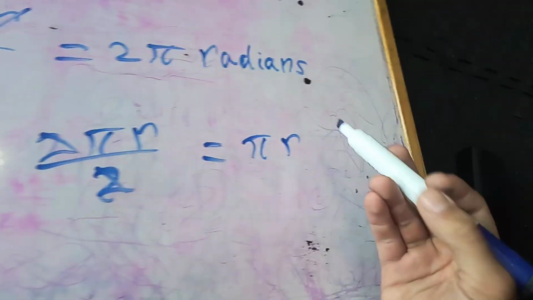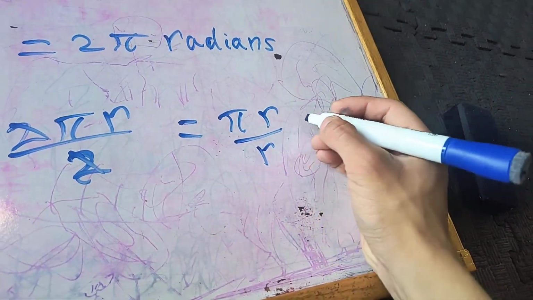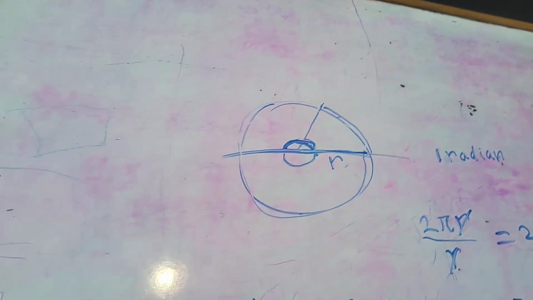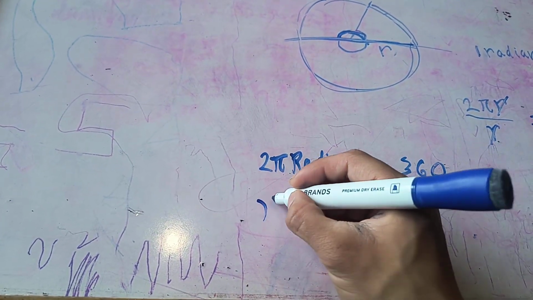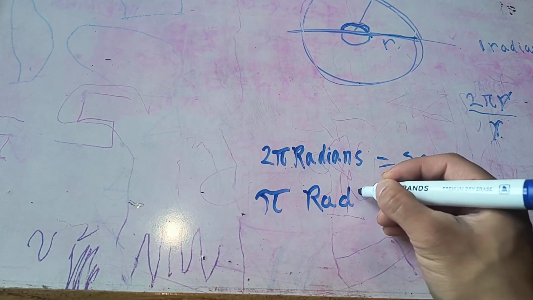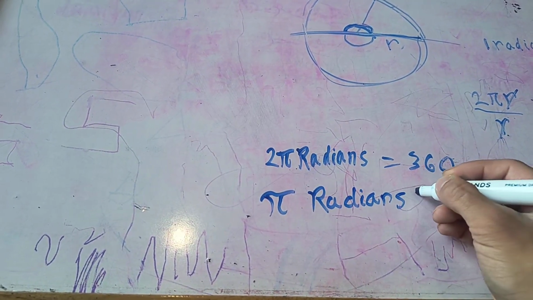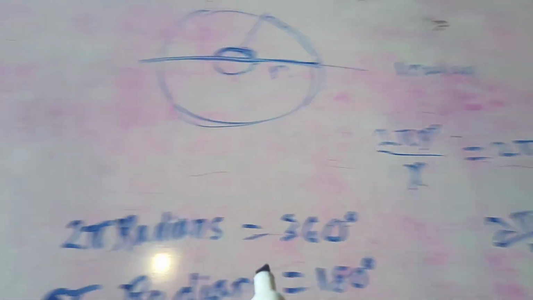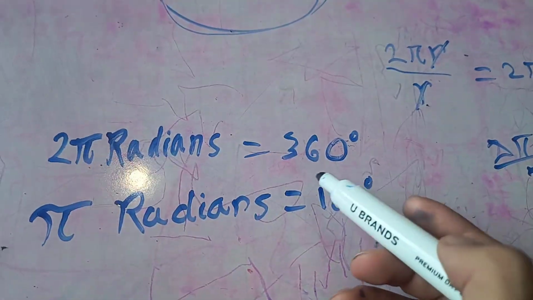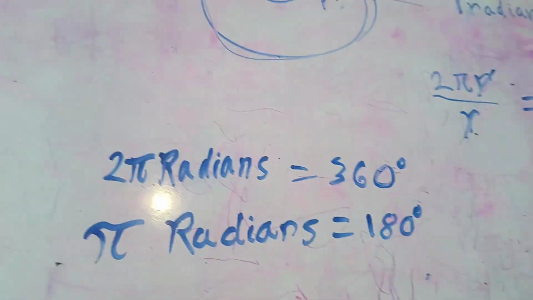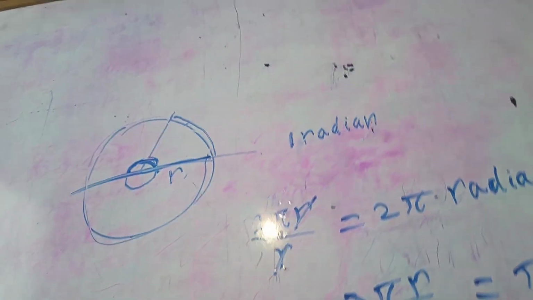Divide that by r, and we're left with pi radians. So 180 degrees is equal to pi radians. Or we could have just divided 2 pi radians by 2 and divided 360 by 2, and we would have been left with pi radians and 180 degrees.